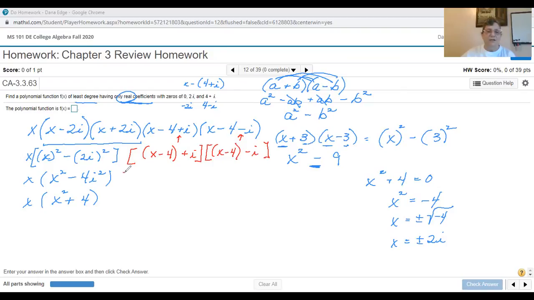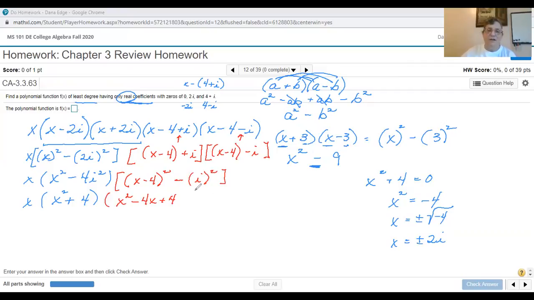So it multiplies out to x minus 4 squared, the first one squared, minus the second one, i squared. Well, x minus 4 squared, when you FOIL it out, will become x squared minus 4x plus 4.